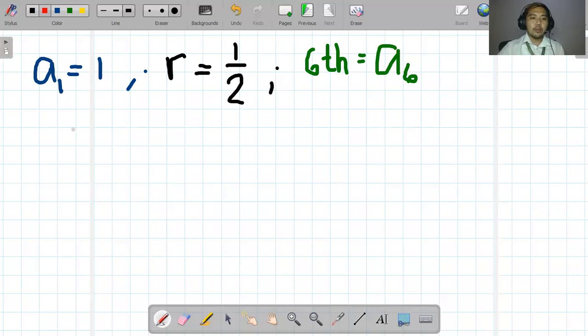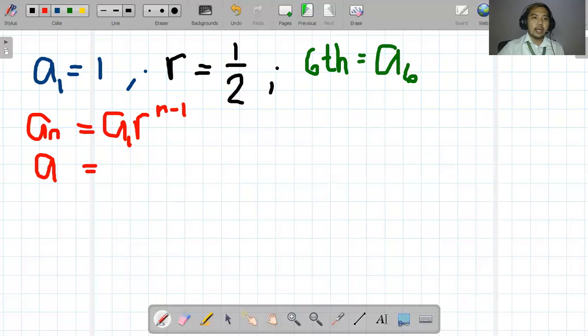So again, the formula was a sub n equals a sub 1 times r raised to the power of n minus 1. You need your n, meaning ikapila ang gipangita. Here, nangita man ta sa ika 6, so our n is 6.